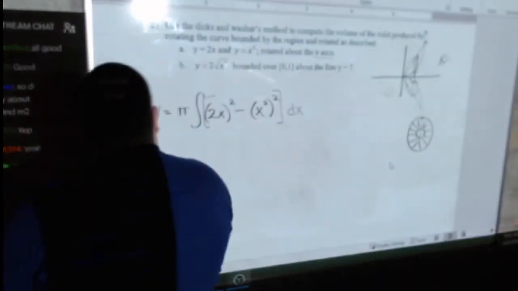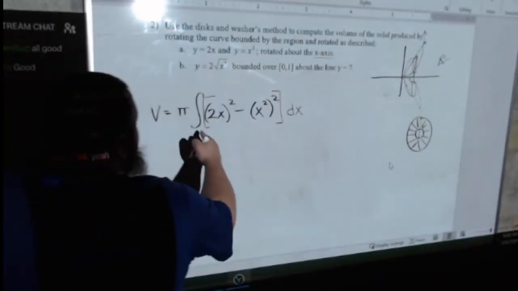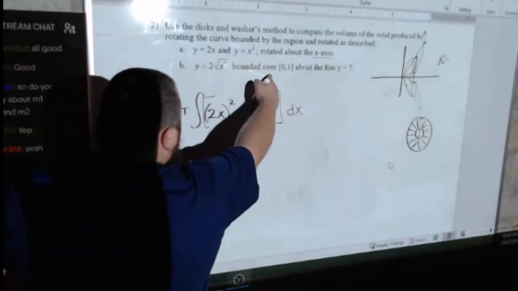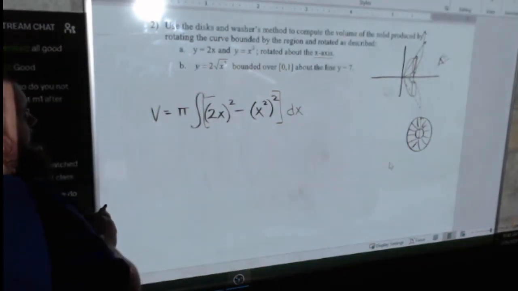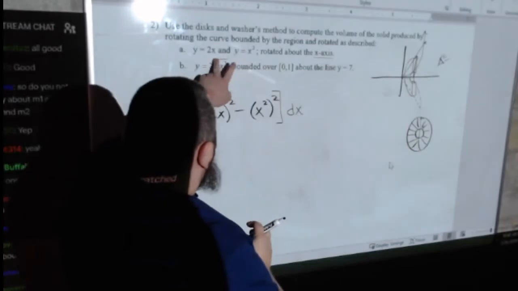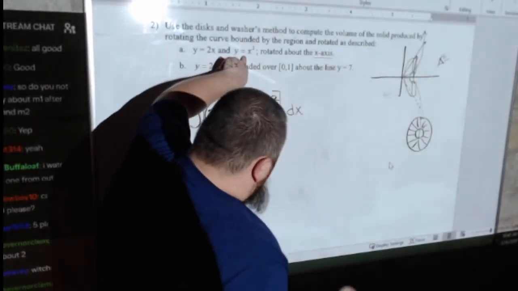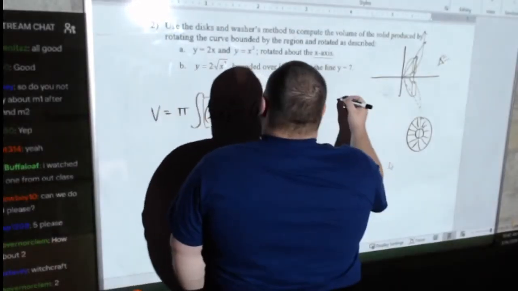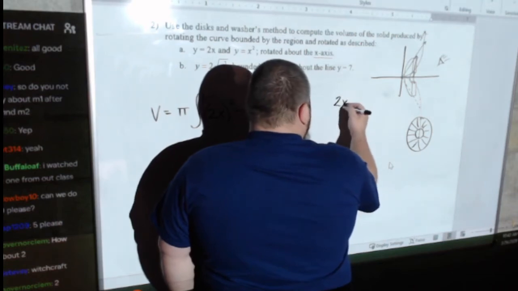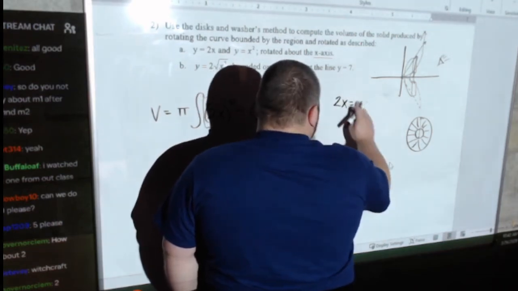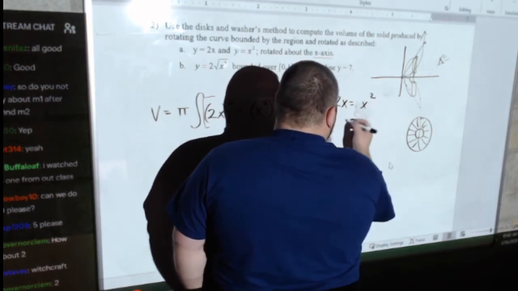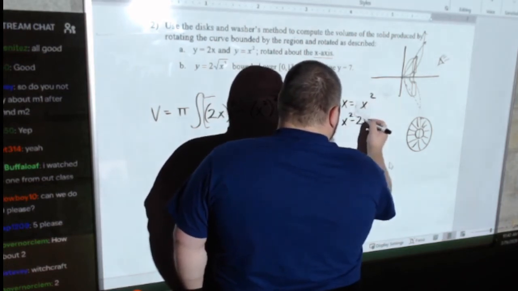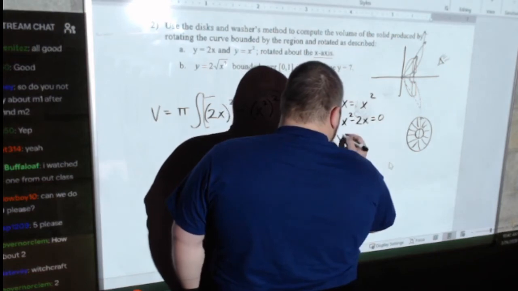So we just need the bounds. They were not given to us in this problem. To find the bounds, we just need to set these two equations equal. So I need 2x to equal x squared, or x squared minus 2x to equal 0.